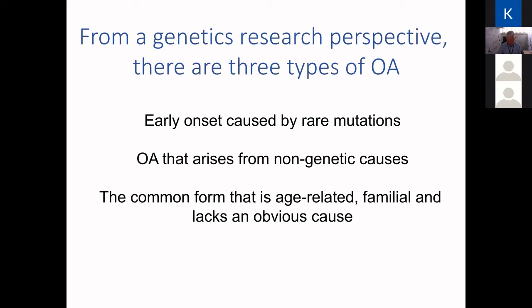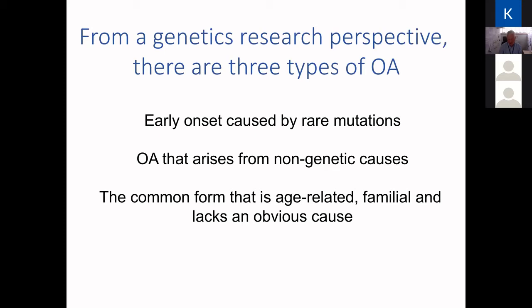When you think about doing a genetic analysis of a polygenic trait, a disease like osteoarthritis, you've got to think really seriously about what it is that you're really investigating. What form of disease? In a way, there are three types of osteoarthritis that, as a geneticist, one could come across. The first is early onset forms of osteoarthritis that are caused by rare mutations.